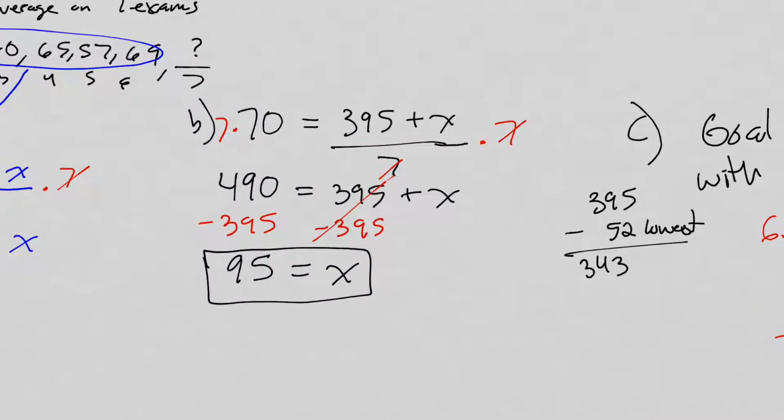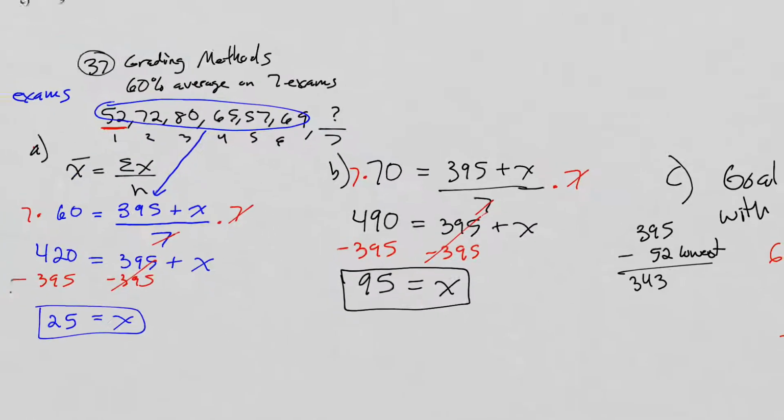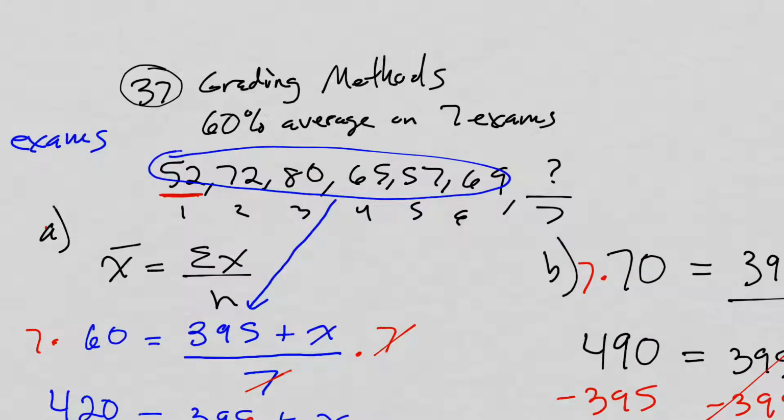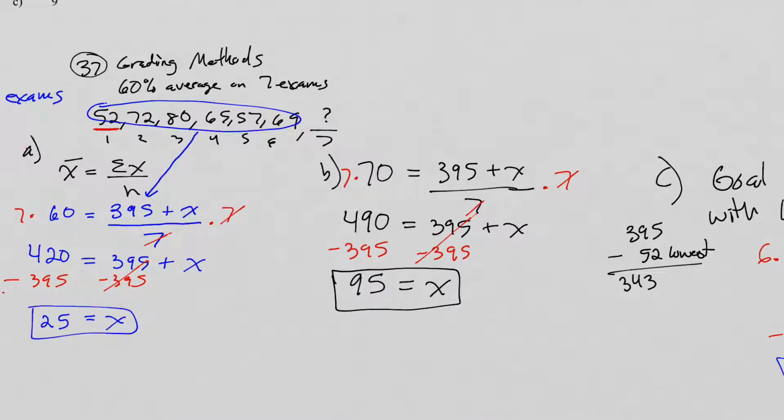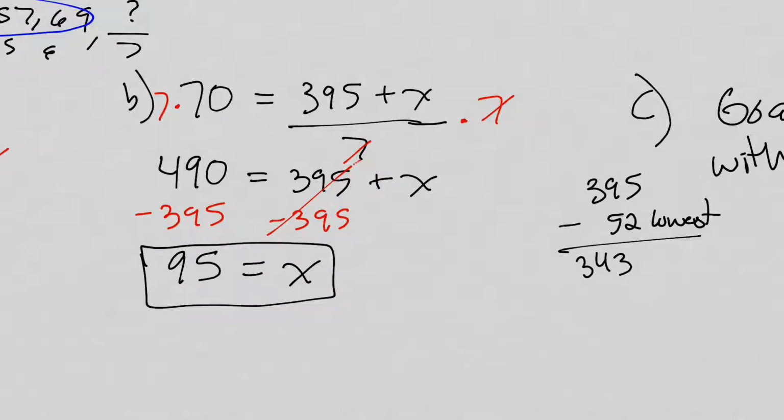so going back to this one, 95 is a little tough. It's possible, but it's going to be really tough based on her past performance. Her highest is an 80. So she's got to score 15 points above her highest that she's ever done in the course. So that means she has to study like crazy.